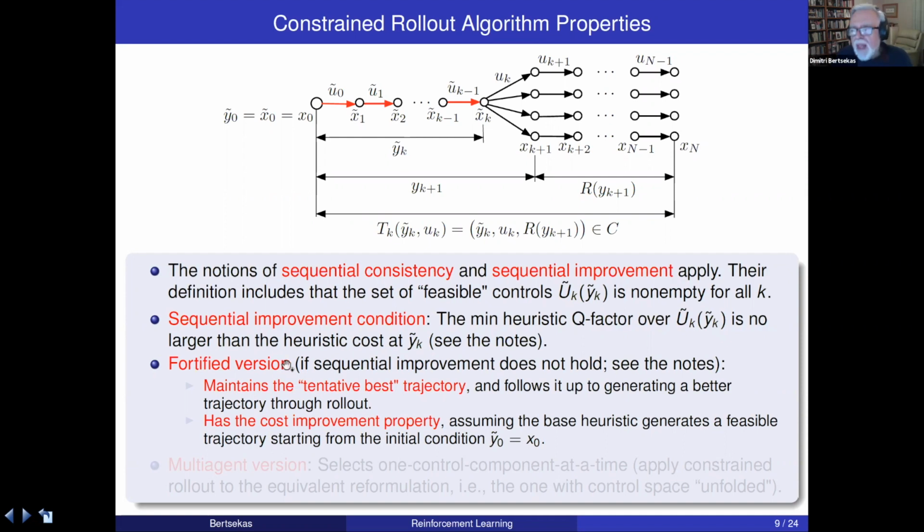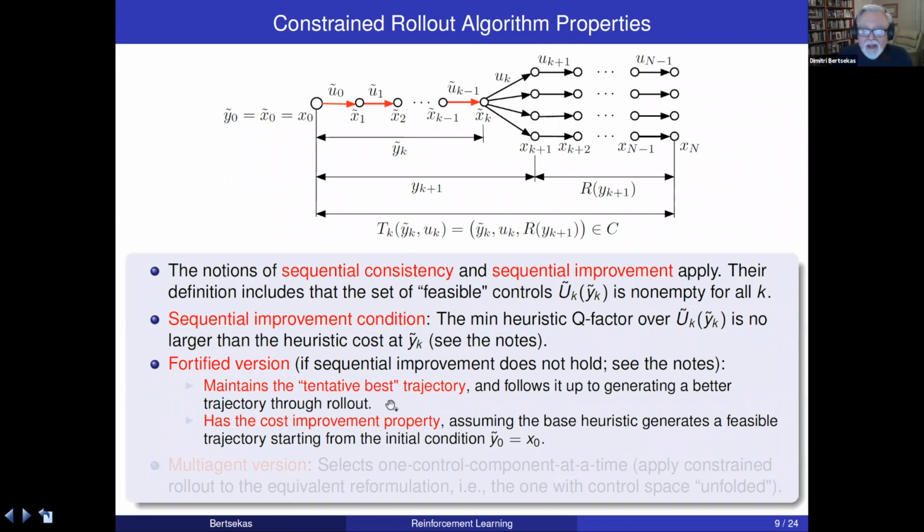Moreover, you replace it with a new trajectory once you find one that's better in terms of cost. So for the case where sequential improvement is not known to hold, we use this fortified version, which maintains a tentative best trajectory and follows it up to generating a better trajectory through rollout.